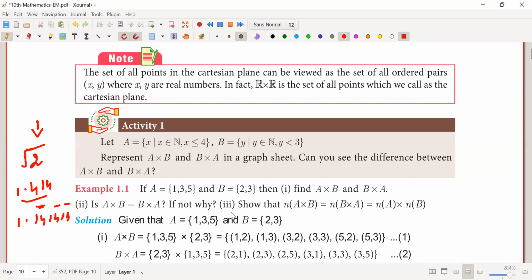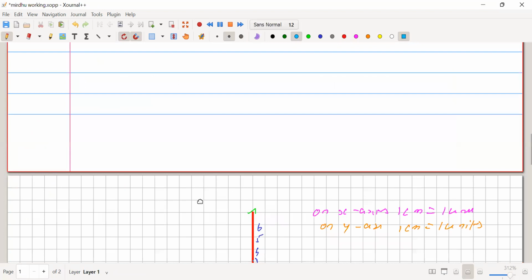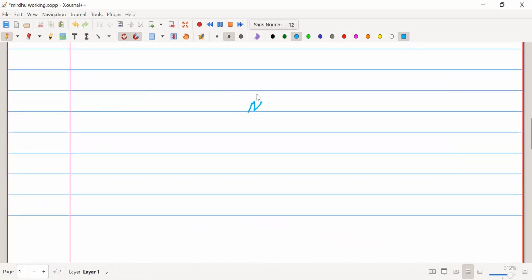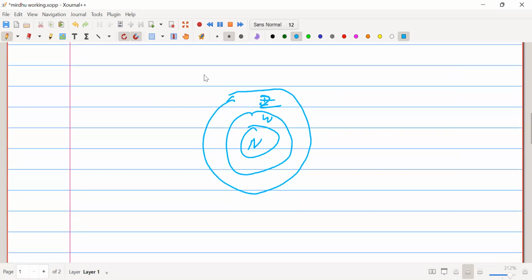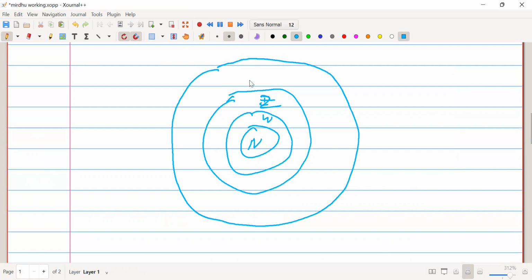It will be like this. Natural numbers are inside whole numbers. Whole numbers will be inside integers, denoted by Z. Then rational numbers, decimals, irrational numbers: all numbers combined together form real numbers.